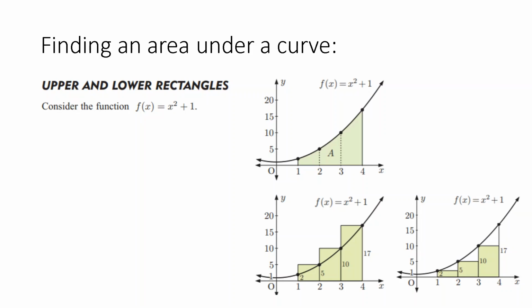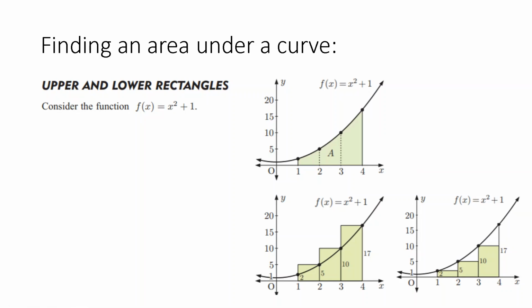So let's look at finding the area of a curve. Let's consider the function f of x equals x squared plus 1, and we wish to estimate the area A enclosed by the graph of f of x, the x-axis, and the vertical lines x = 1 and x = 4, as seen here.